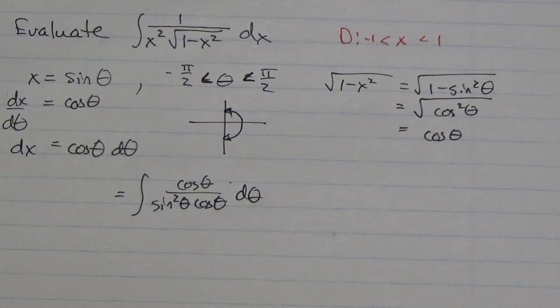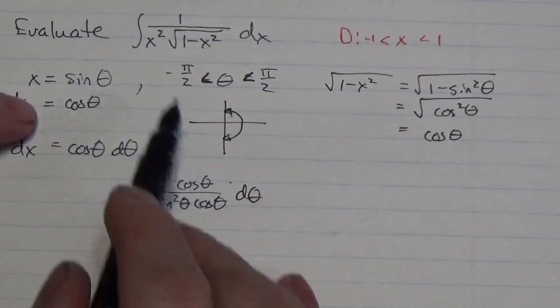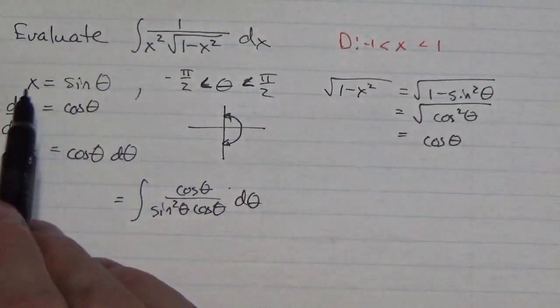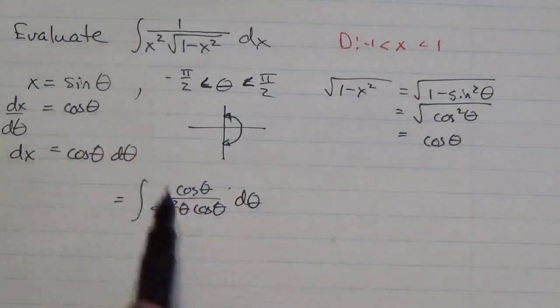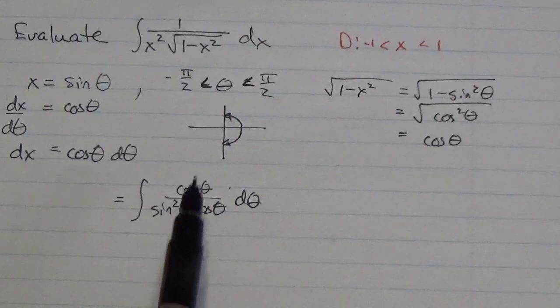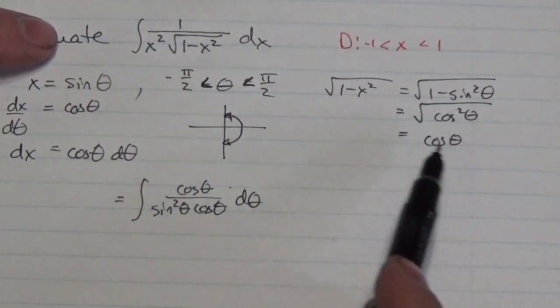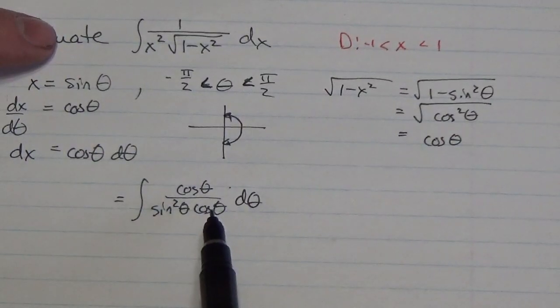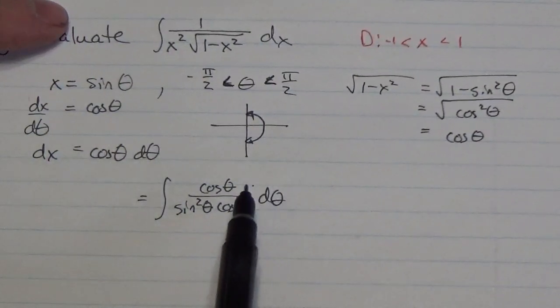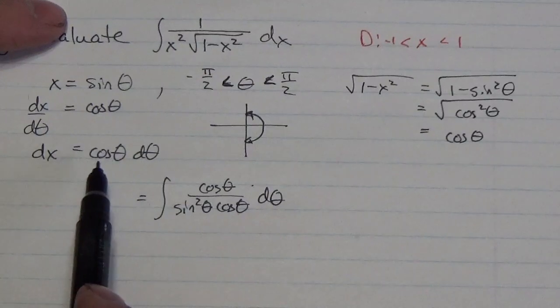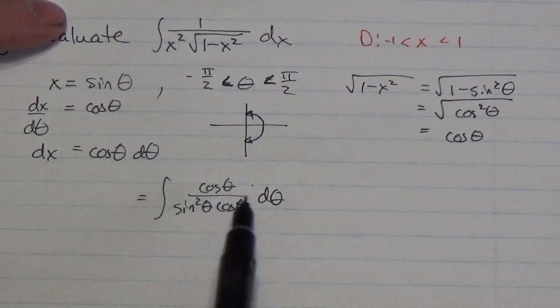First of all, the x squared up here, if I let sine of theta be x, then that's going to be my sine squared. I just figured out that the square root of 1 minus x squared is going to be cosine of theta. That's this little bit right here. And when I got rid of the differential, the dx, remember dx was equal to cosine theta d theta, so that's this little bit right here.